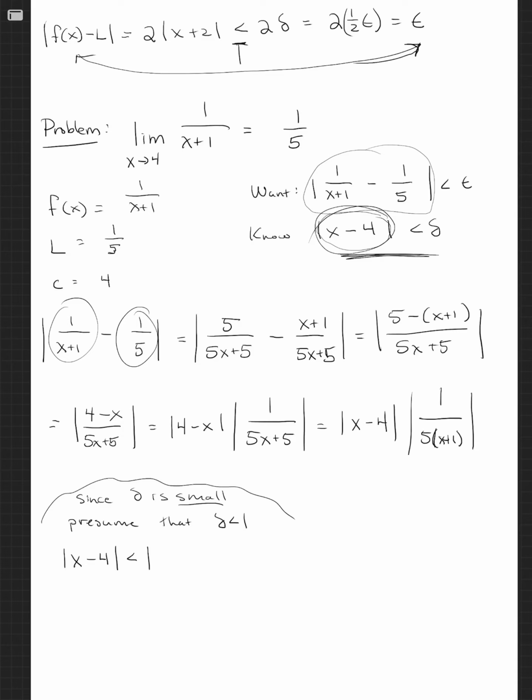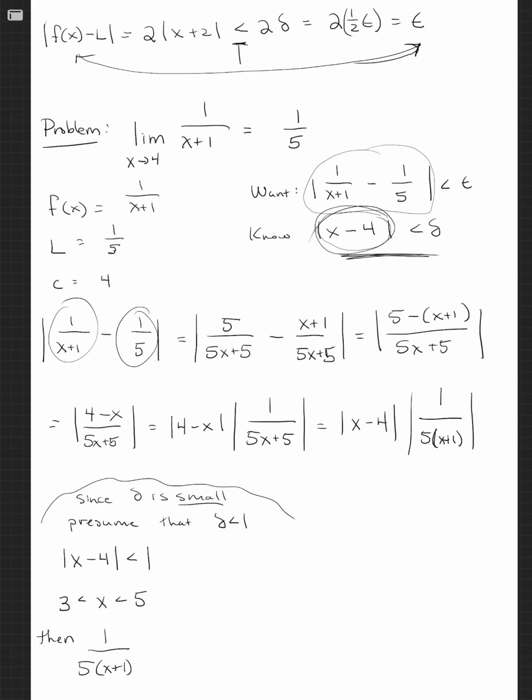So that means that we know that the absolute value of x minus 4 is less than delta, and delta is less than 1, but there's a transitive property there, so we know that the absolute value of x minus 4 is less than 1. And so if the distance from 4 that x is, is less than 1, then we know that 3 is less than x is less than 5. All right?